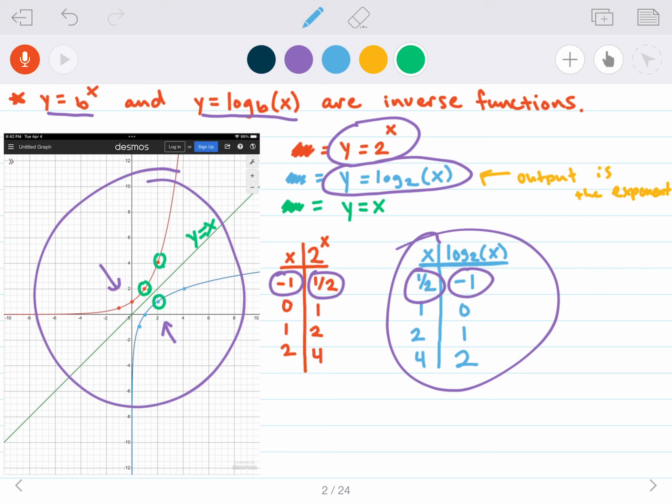This point reflected across the mirror is giving us this point, and so forth. So that's what it means pictorially when two functions are inverses of each other. The x's and the y's swap, and they make this pretty little picture of the points being mirror images across the line y equals x. Okay, so that's the idea here. So y equals b to the x and log base b of x are inverse functions.